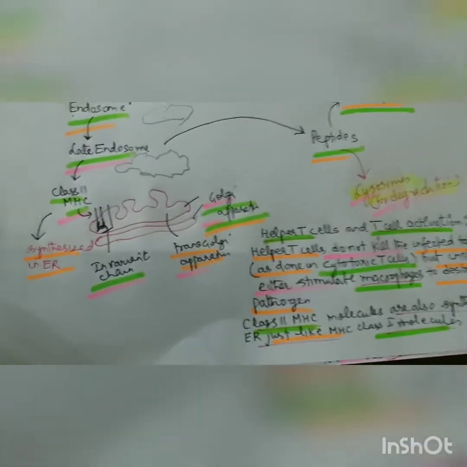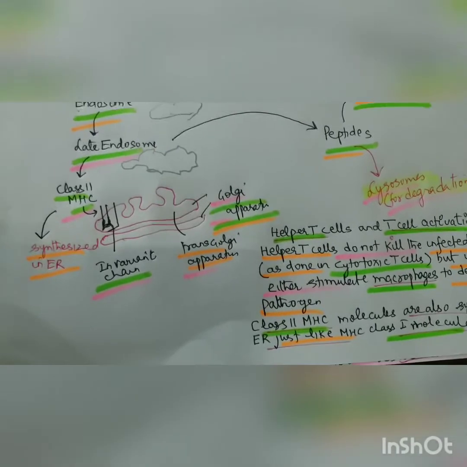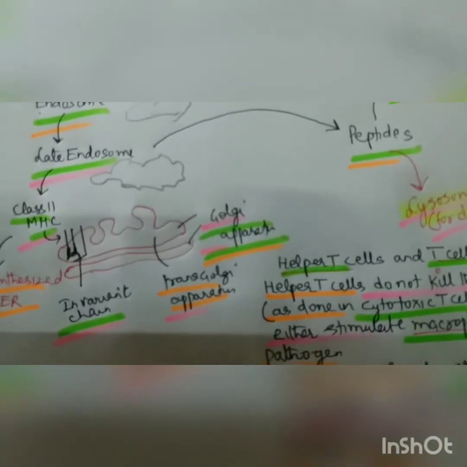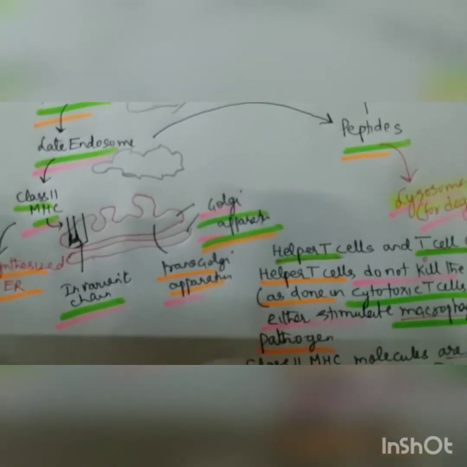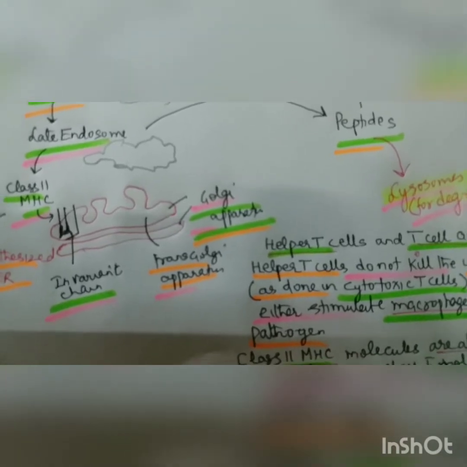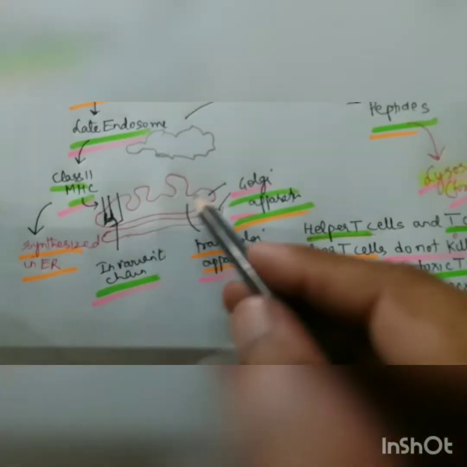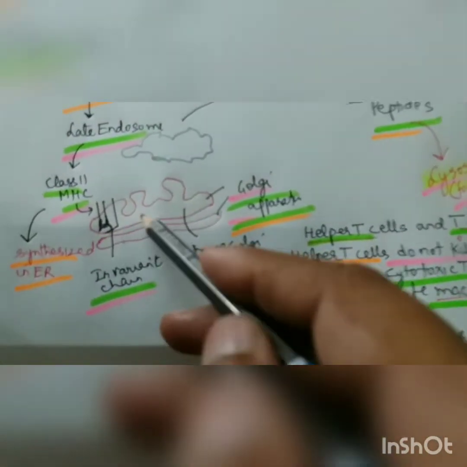So then we have the Golgi apparatus. Basically the class 2 MHC molecules are also synthesized in the endoplasmic reticulum, just like class 1 we did yesterday, right? See, this is class 1, MHC1 in the endoplasmic reticulum. So the class 2 MHC molecule is pre-assembled and through the trans-Golgi network reaches the late endosome, right?